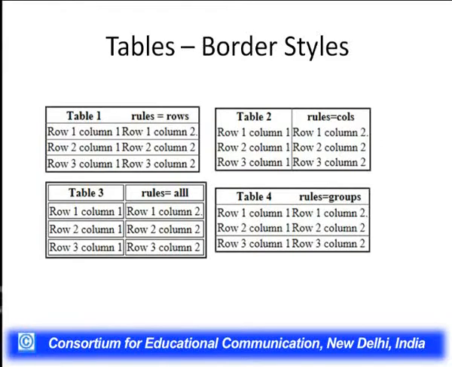Table 3 says rules is equal to all, so all the grid lines are shown. And table 4 says rules is equal to groups, so it demarcates only the groups: a line comes between table head and body, and another line between body and footer.